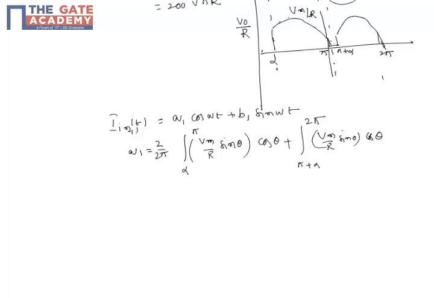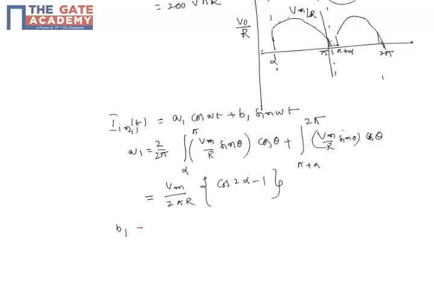For B1, the same expression will come, but instead of cos theta, you will get sin theta. First, if you simplify this, you will get A1 equals Vm by 2 pi R into cos of 2 alpha minus 1.